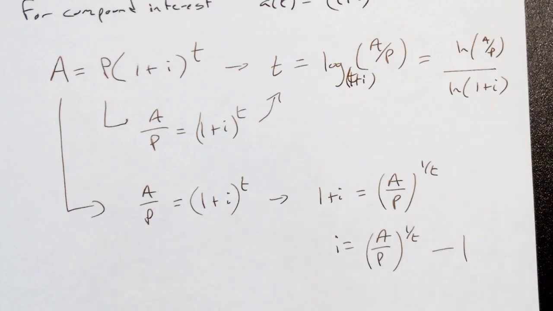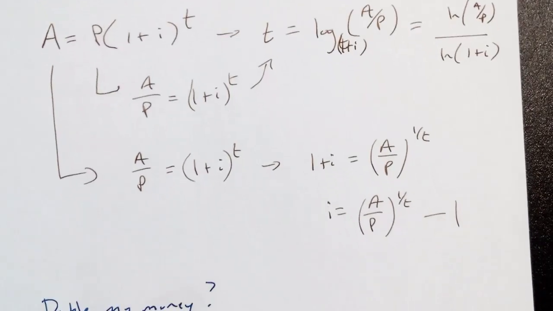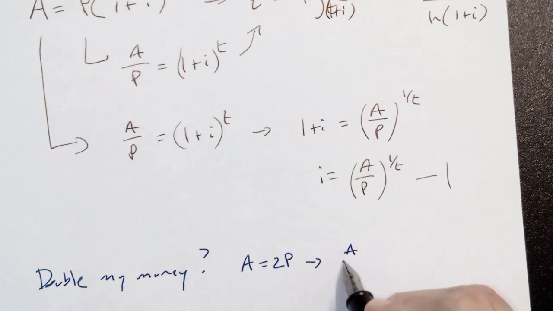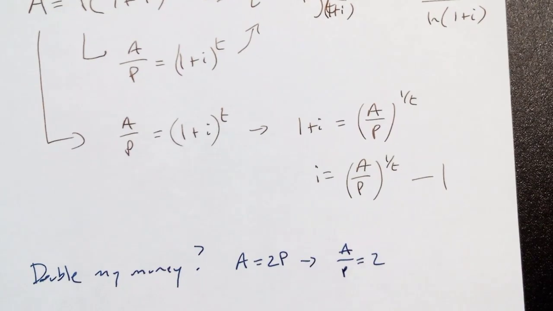But if I'm doubling my money, what's A over P? If I'm doubling my money exactly, then I want to end up with exactly twice what I started, which makes A over P 2. Which means when I solve for T, I have ln of 2 over ln of 1 plus I.